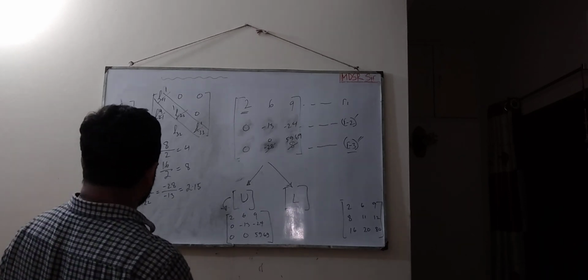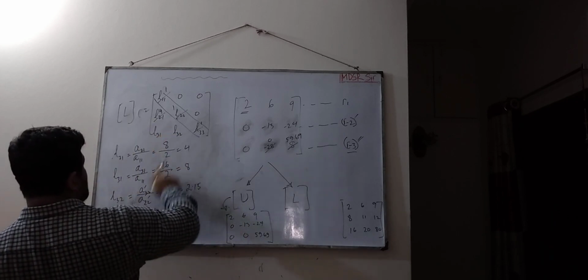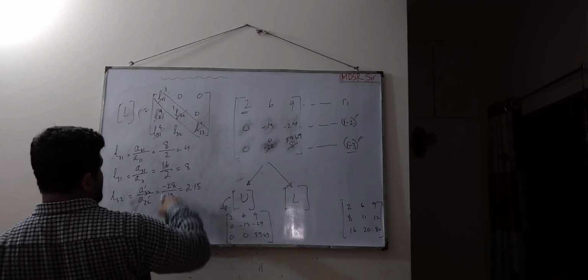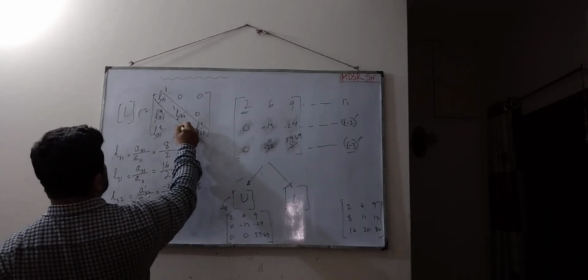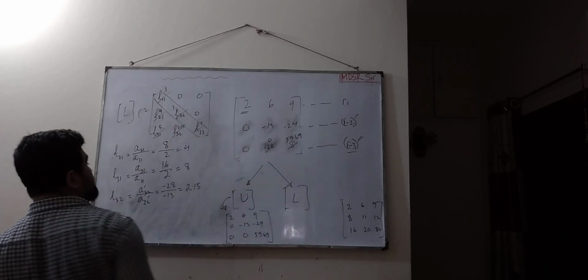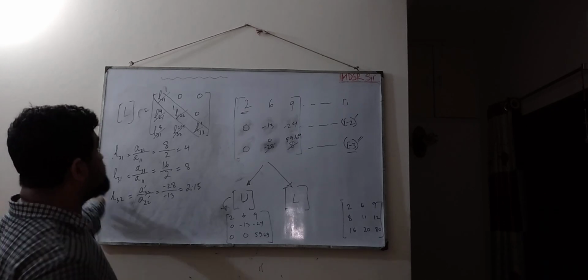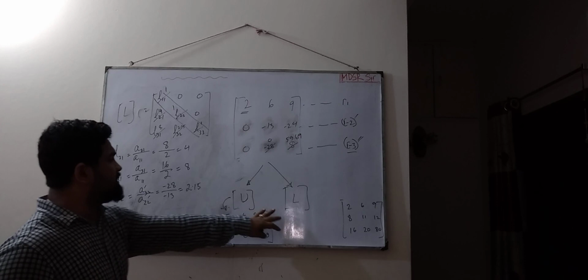So in your L matrix, we can write L31 is 8 and L32 is 2.15. Alright, so we just decomposed this matrix into lower and upper matrices.